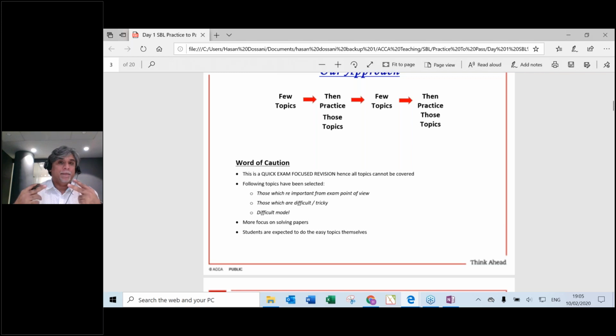I have tried my best to select the most important topics, those which are important from an exam point of view, and then a few topics which are a little bit complicated, a little bit tricky, so that I make it easy for you to understand them. And I have selected a couple of difficult models. So I have selected topics where I think you would need help.